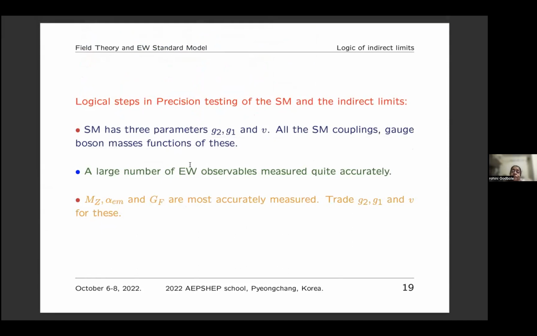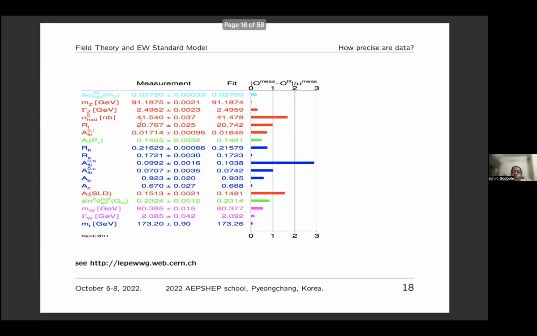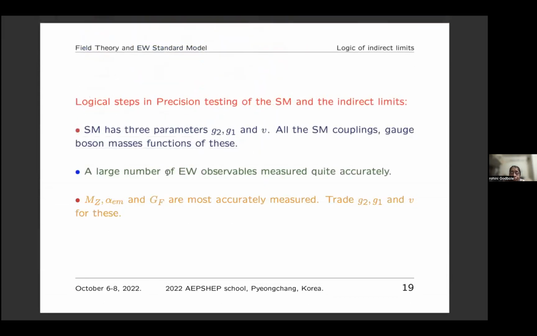The logical step in your precision testing of the standard model is that we started with 3 parameters. Remember yesterday's first transparency, G1, G2, and V. All the standard model couplings and gauge boson masses are functions of these, as we have seen. And a large number of electroweak observables have been determined terribly accurately, thanks to LEP, thanks to SLD, and thanks to LEP2.